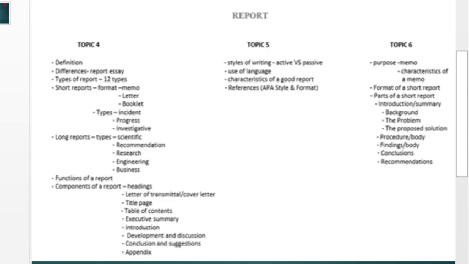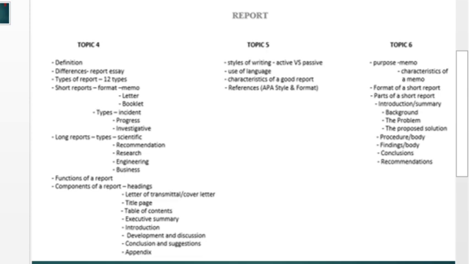So topic 4 starts off with a general definition of a report, and then after the definition we look into the differences between a report and an essay, because a report is very objective, whereas an essay is very subjective. Both have a topic, but the topics also differ from each other.